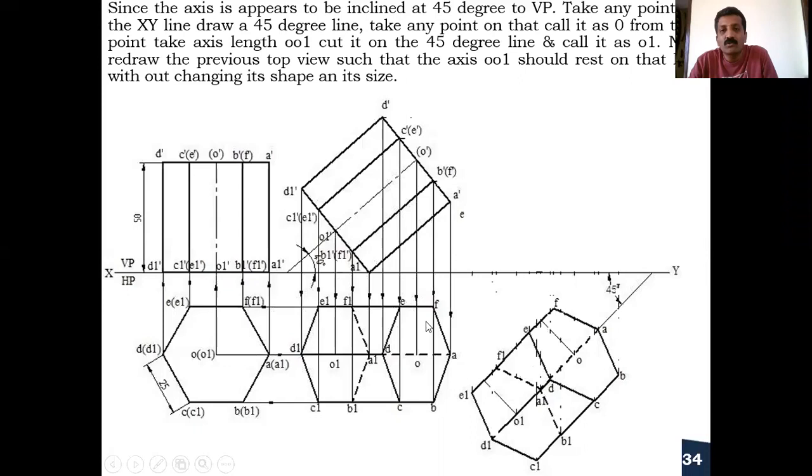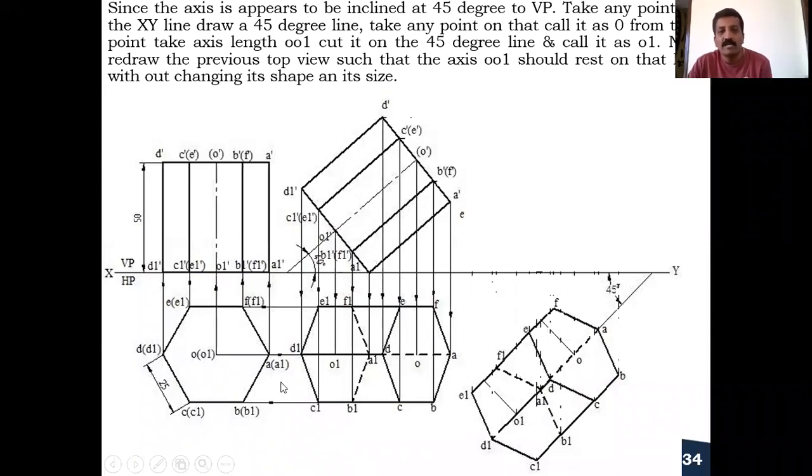Now how exactly to do this? On this 45 degree line, you have to redraw this entire previous apparent shape of the top view such that this O, that is the axis point, should lie or coincide on this 45 degree line. First I have taken one point and called it O. Now the O to O1 distance I will take and cut it on this 45 degree line, and mark O1.